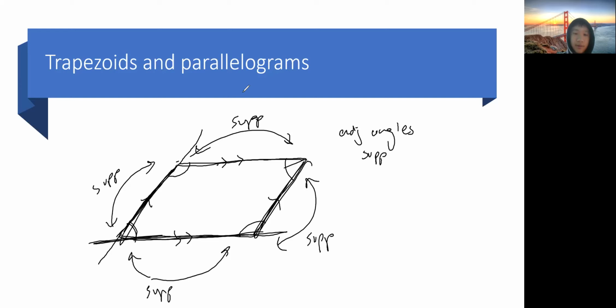Okay? So if this angle is x, this is 180 minus x. 180 minus x is supplementary to this. So this angle is going to be 180 minus (180 minus x), which is going to be x. So as you can see here, the opposite angles are congruent.